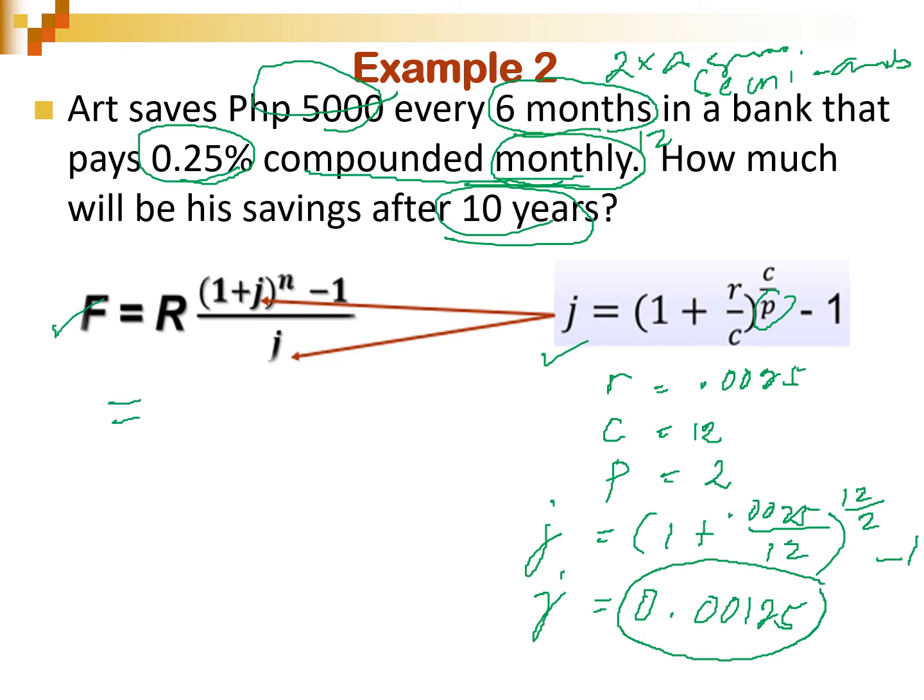F is equal to R should be replaced by 5,000. Then open parenthesis 1 plus j, which is the computed value of 0.00125, close parenthesis, raised to n. So n here is equal to the number of payments.